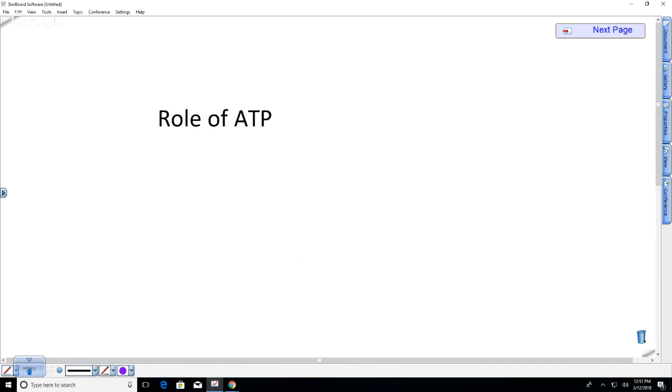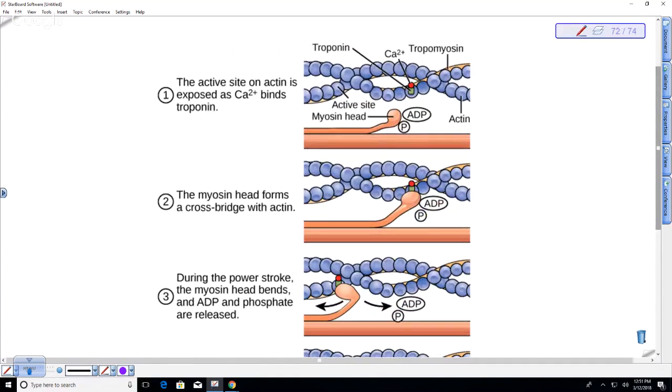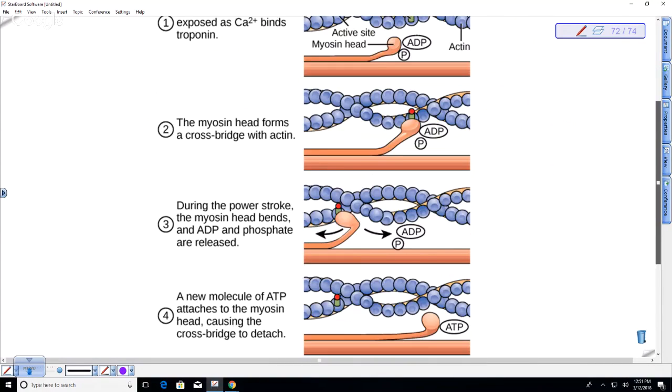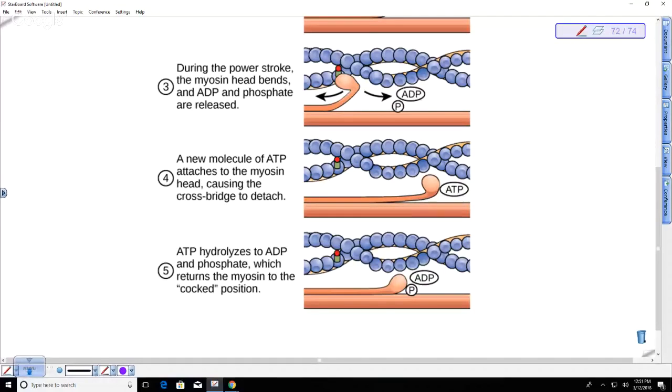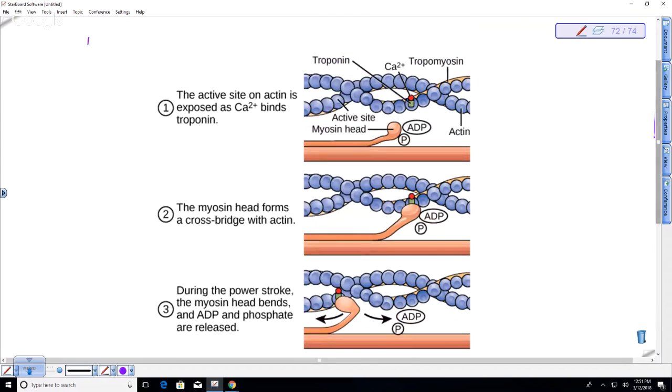Okay, so let's see if I have my picture here. Okay, so this is a diagram showing it in a little bit more complicated form. So notice, let's just start at the bottom here. This is also in your book. At the bottom, ATP has to bind in order for the head to release, but it also energizes the head. So let's talk about the role of ATP. ATP can be converted to ADP, which is adenosine diphosphate, plus phosphate, plus energy.